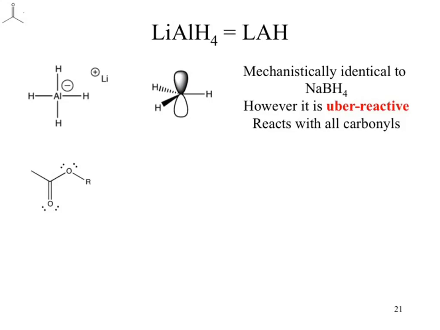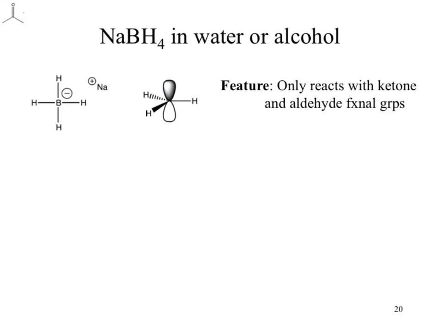There are some slight differences which we'll talk about. Our lithium aluminum hydride is a lot more reactive and will react with all carbonyls. Our sodium borohydride, much less reactive, will react with ketones and aldehydes, but it won't touch other carbonyl-containing compounds. Okay? I'm going to stop.